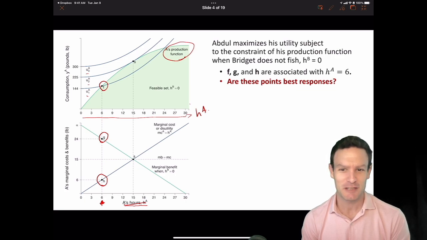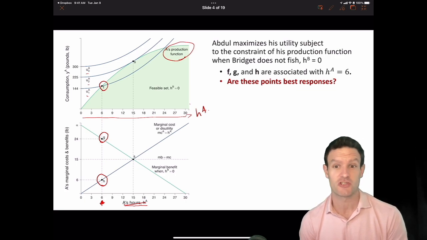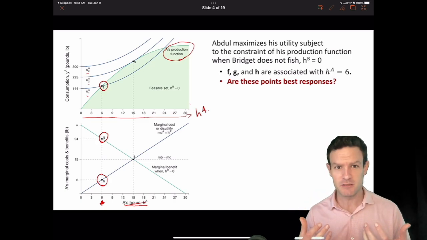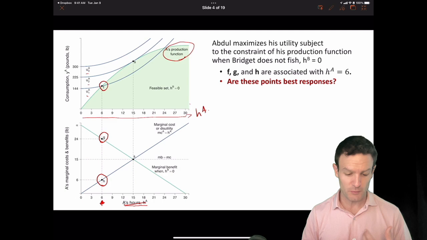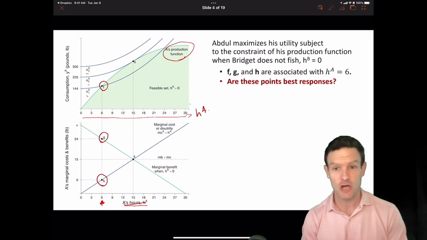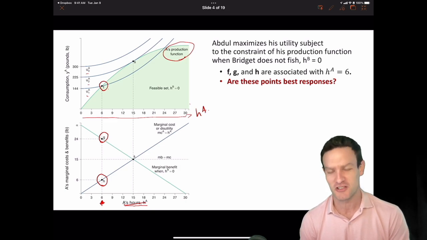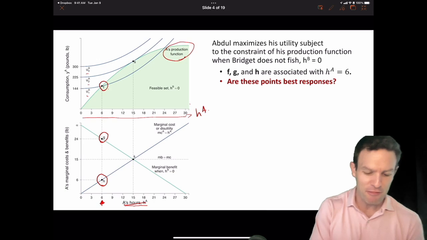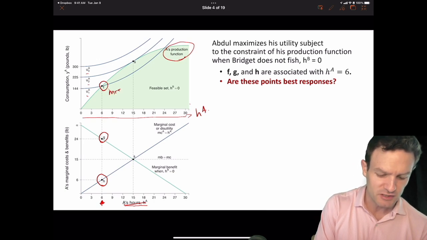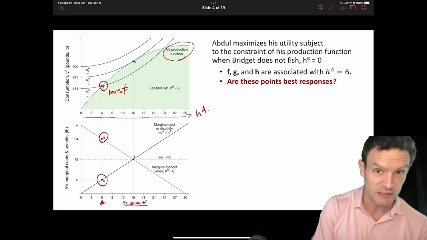Okay, so having taken a moment to pause and try to answer that question yourself, let's unpack it a little bit. So, the first thing that we can see is at point F in the top graph, we've got Abdul's indifference curve intersecting his production function, the feasible frontier. So what that means is at that point, the marginal rate of substitution does not equal the marginal rate of transformation.